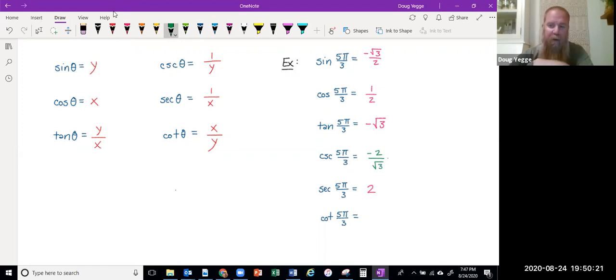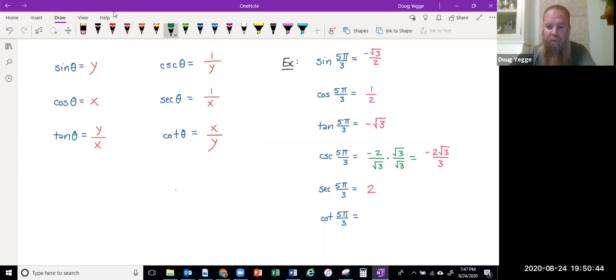But remember that we have to rationalize in order to put it in the correct form. And so cosecant of 5π/3 is negative 2√3/3. And lastly, cotangent of 5π/3 is the reciprocal of negative √3.